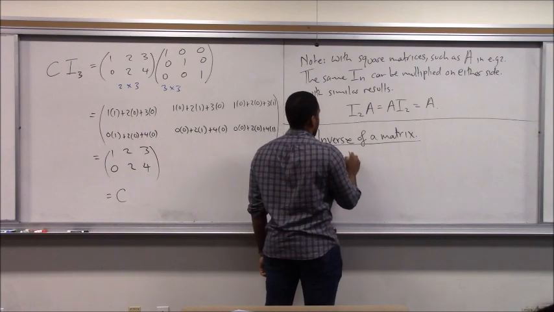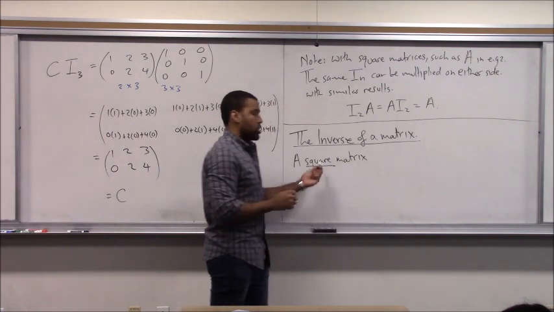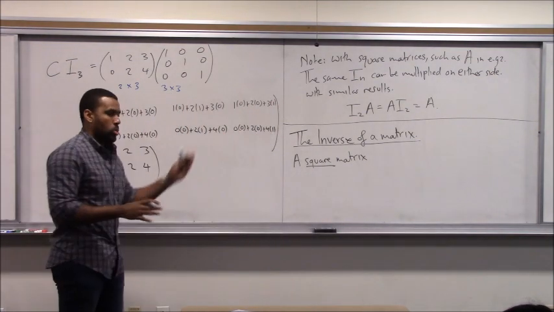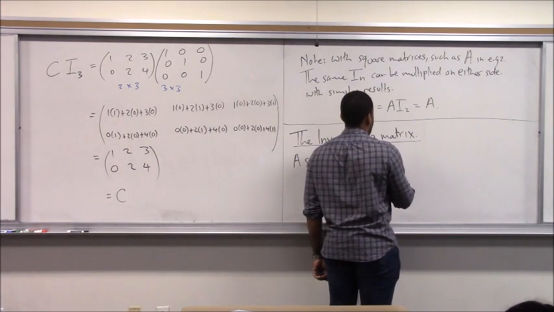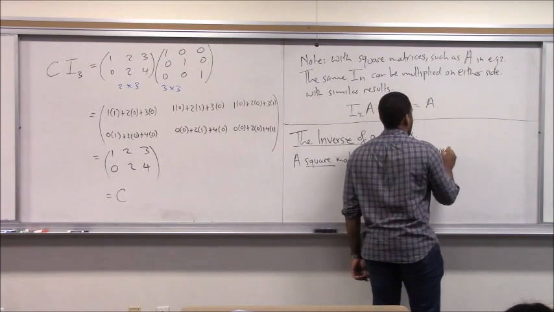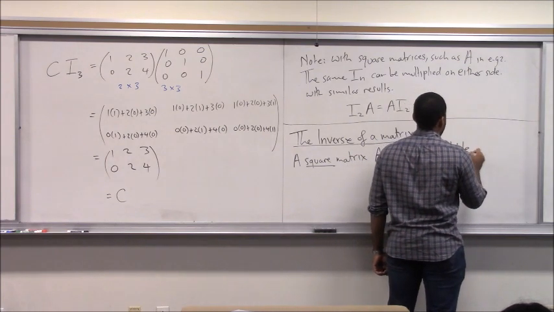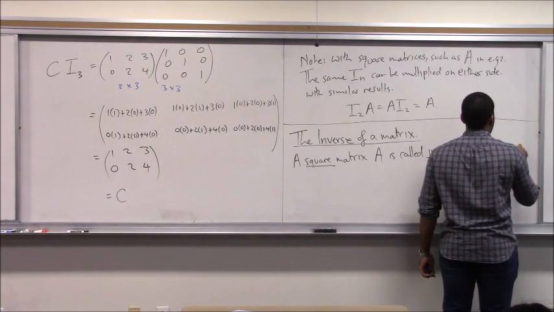A square matrix has to be a square matrix, right? If it's not a square matrix, then this whole conversation is meaningless in the first place. A square matrix, A, is called invertible or non-singular.